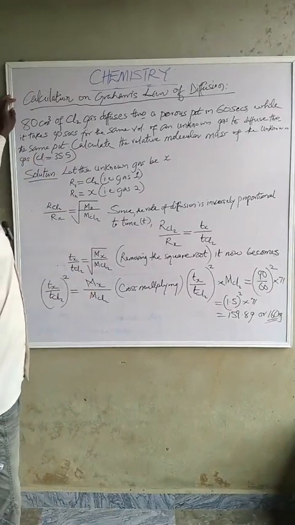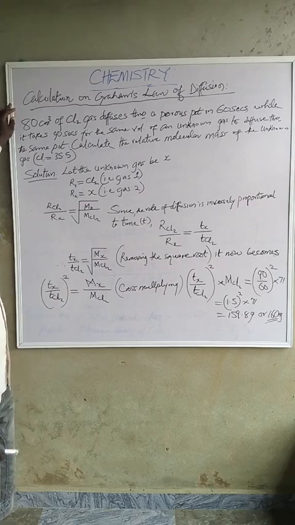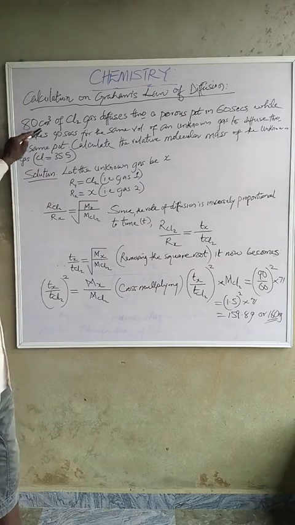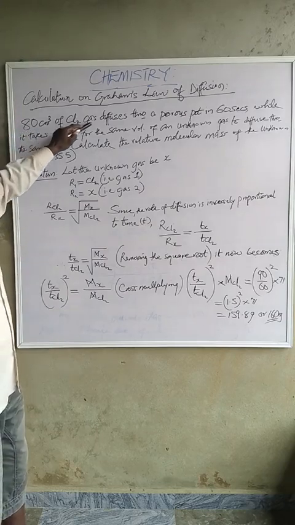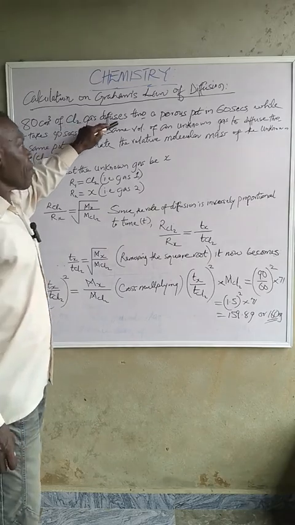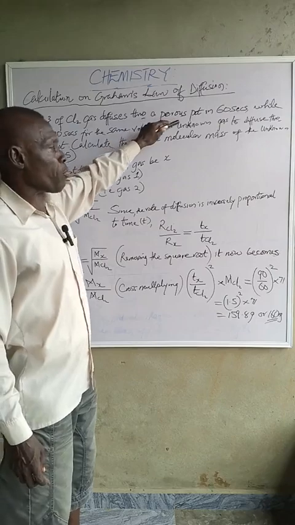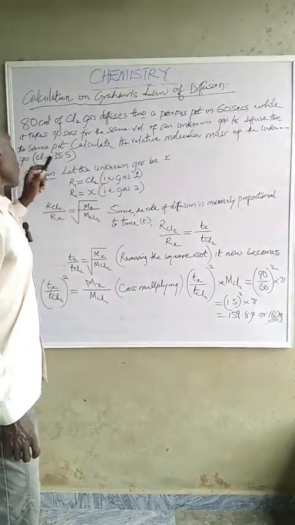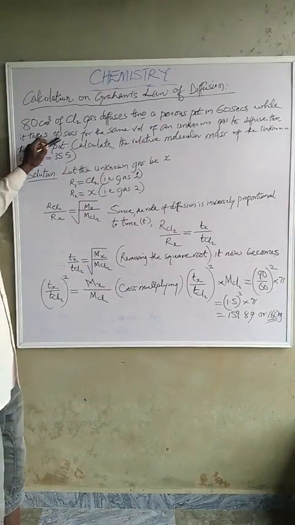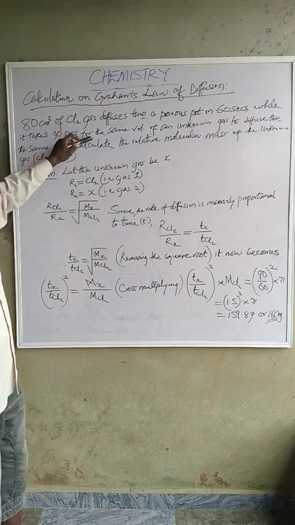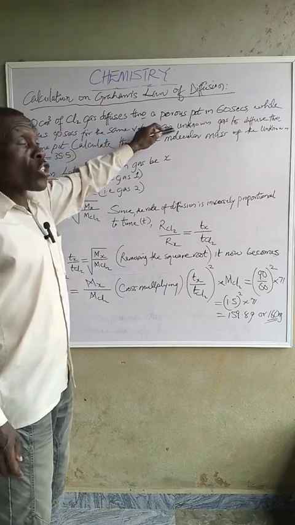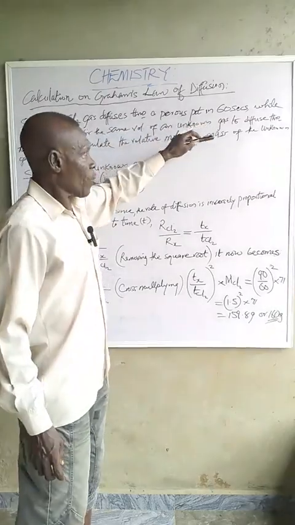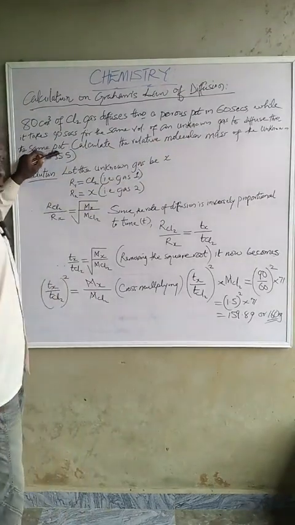Look at question 1 here. 80 cm cube of chlorine gas diffuses through a porous pot in 60 seconds, while it takes 90 seconds for the same volume of an unknown gas to diffuse through the same pot.